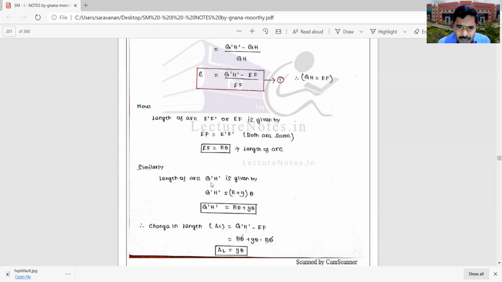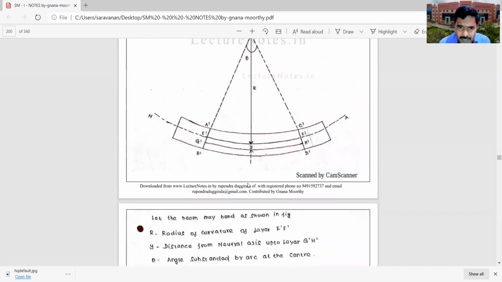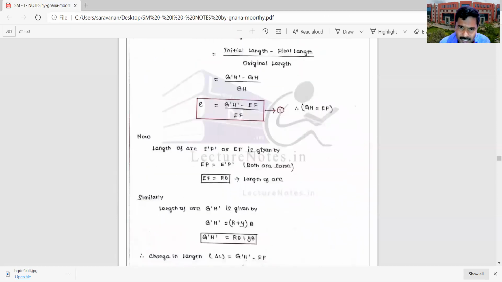Similarly, the length of the arc G dash H dash. E dash F dash is R into theta. From the center to G dash H dash, the radius is R plus Y. So the length of arc G dash H dash is equal to R plus Y into theta.